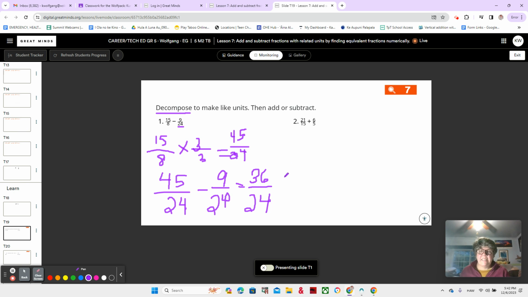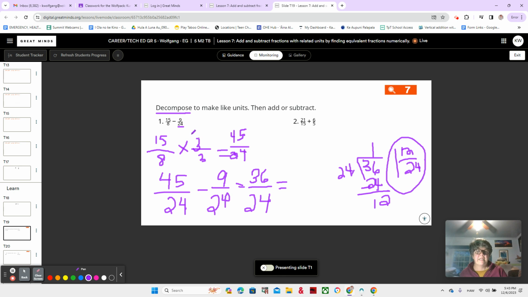And we can just leave it like that. Or we could say, I don't want to leave it as an improper fraction. I'm going to drop the top inside the house, divide 36 by 24 one time with 12 left over. So 1 and 12/24.